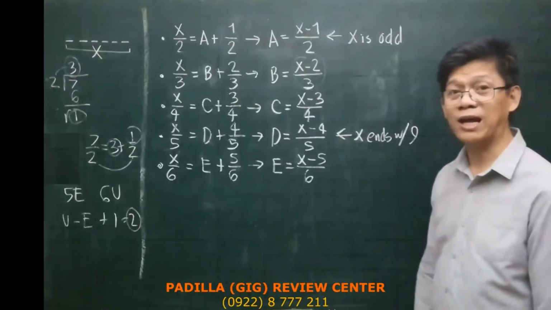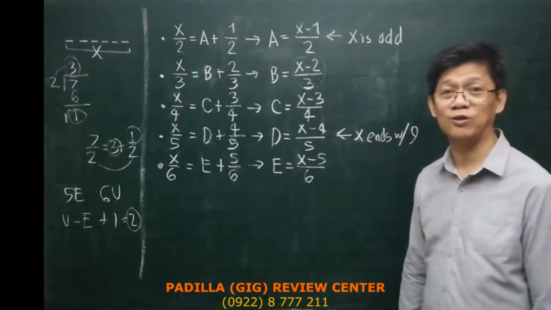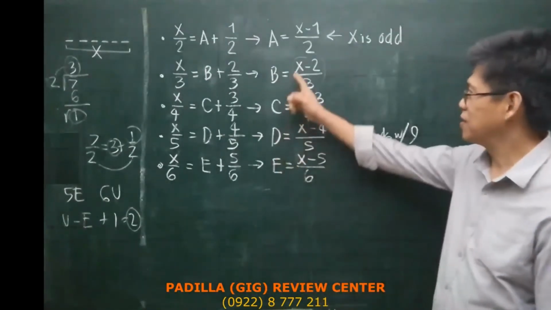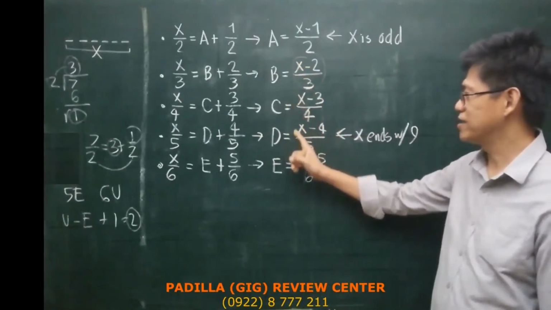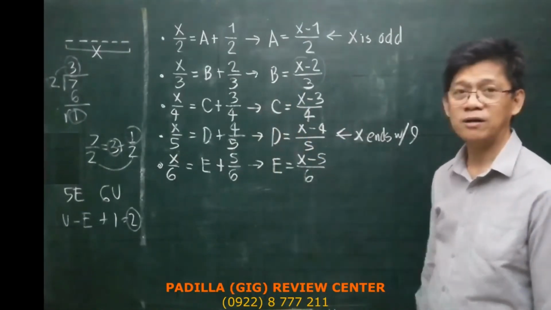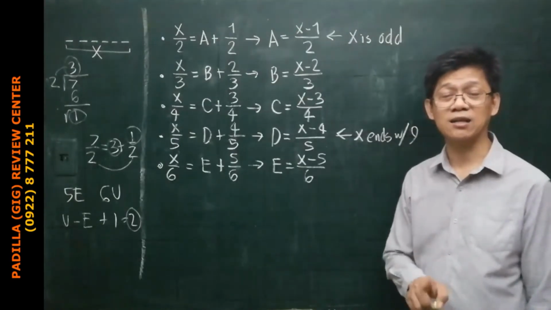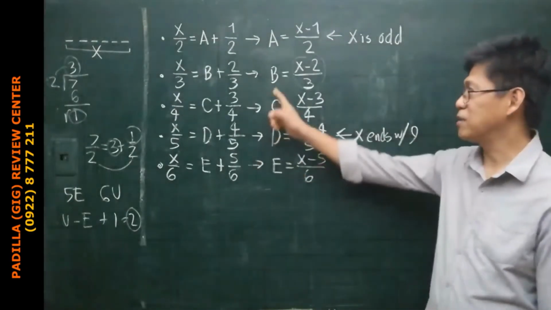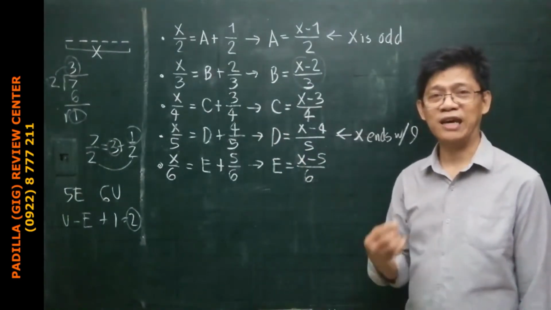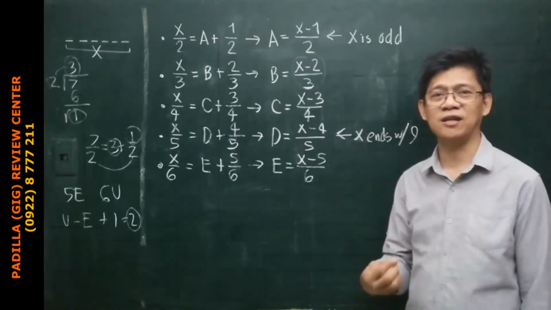Your calculator will ask you to input your trial value for x, right? So we now substitute the values for x in equations 2, 3, and 4. It is a must that b, c, and e will be whole numbers. So we try x is 9, 19, 29, 39, and so on.